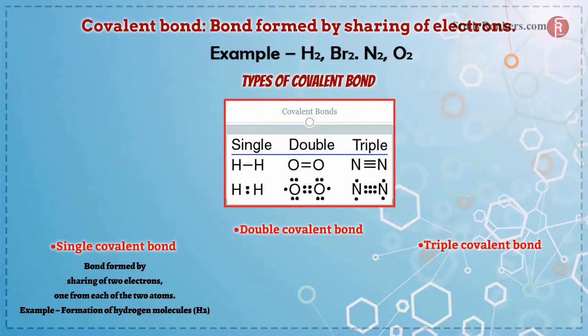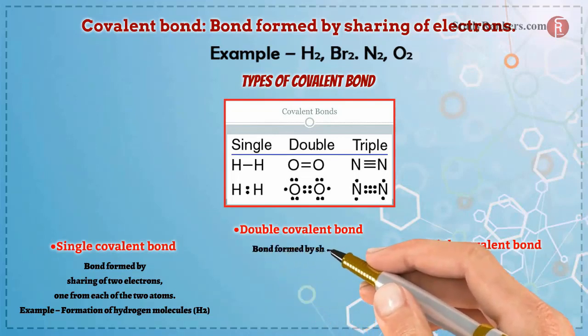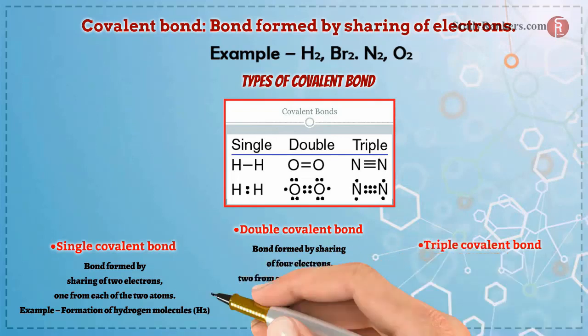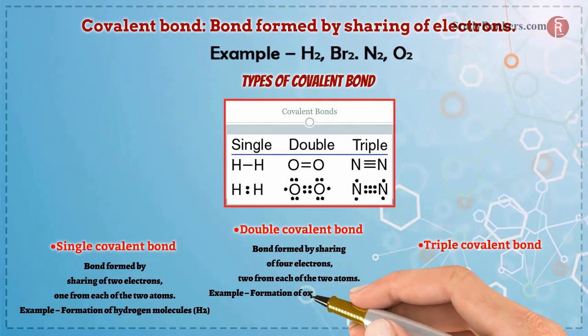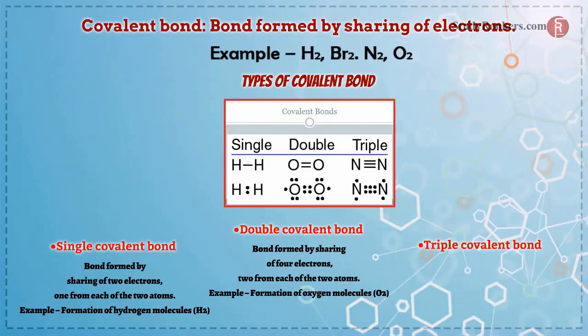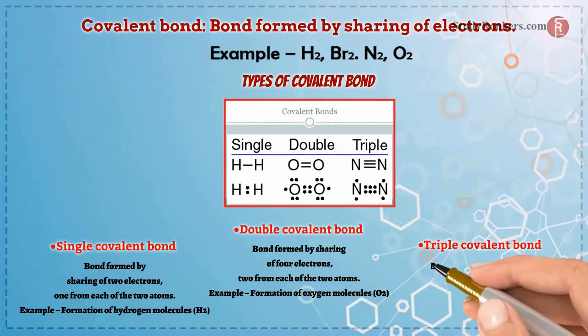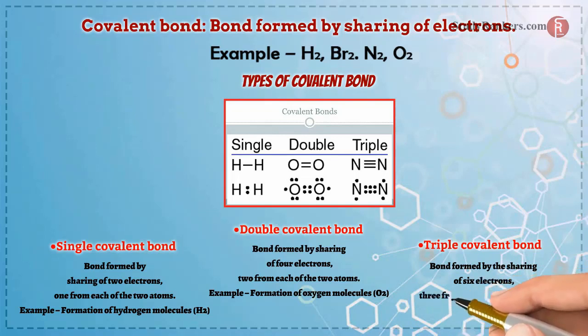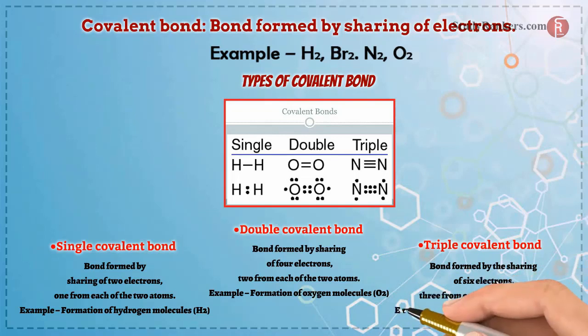In a double covalent bond, the bond is formed by sharing of 4 electrons, 2 from each of the 2 atoms. Example, formation of oxygen molecule, O2. In O2 gas, 2 oxygen atoms share 2 electrons each between themselves. A triple covalent bond is formed by the sharing of 6 electrons, 3 from each of the 2 atoms.